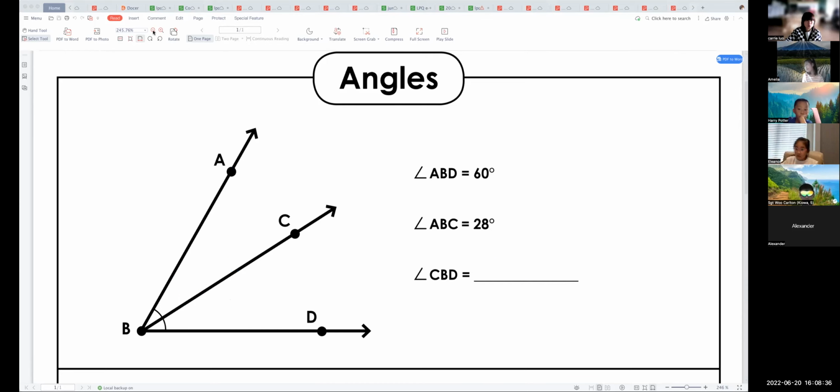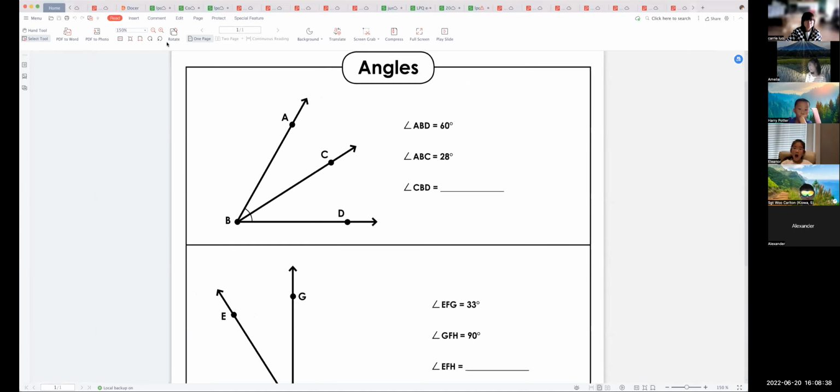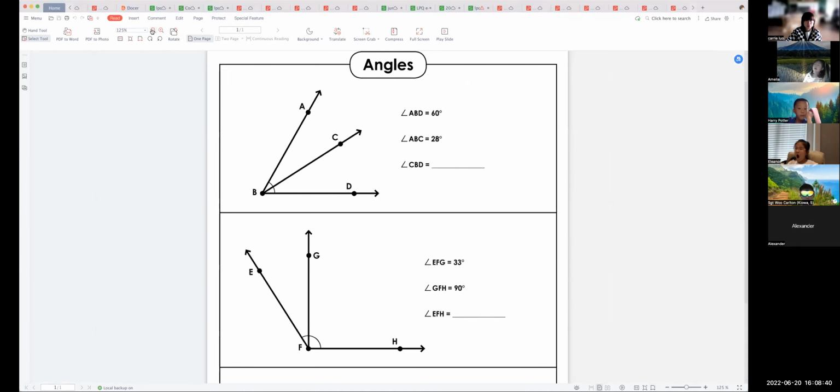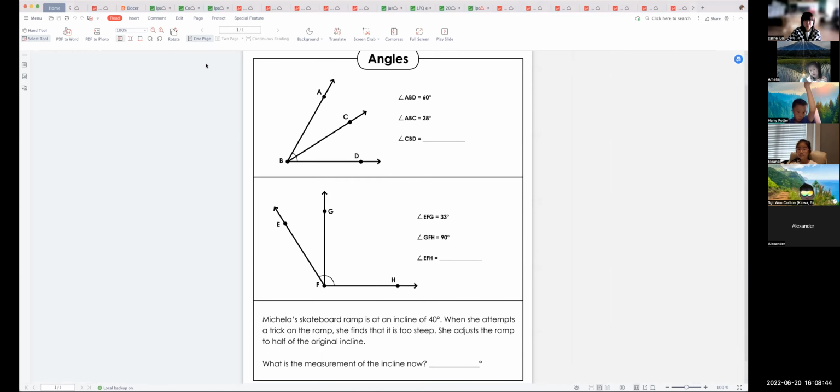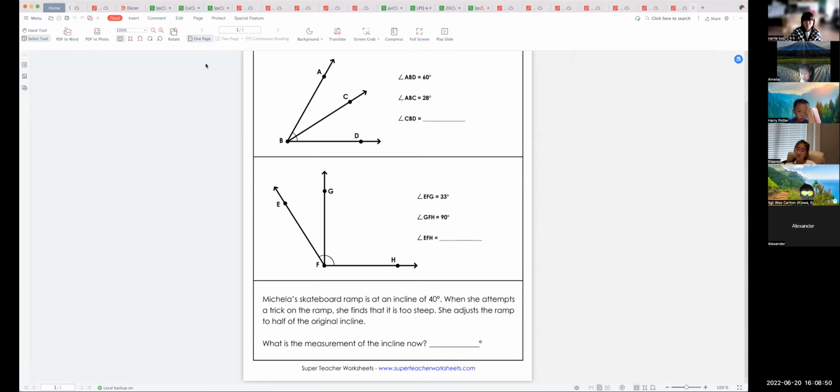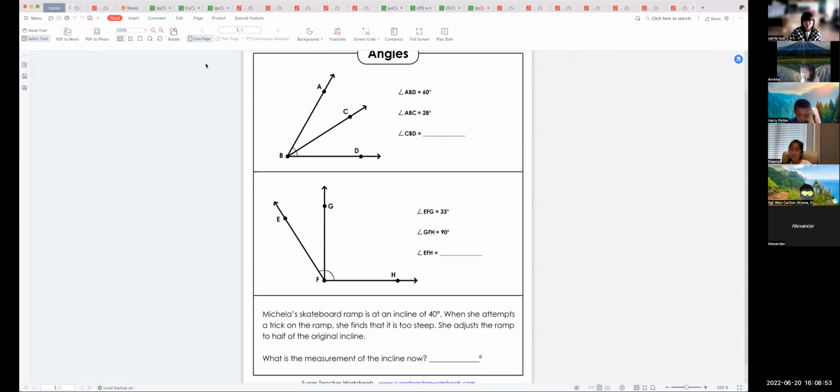So I'm going to just make it smaller, and so you're going to do the first one and the second one. Sorry, you put the equation on yourself. And now I want you to do the last one: Makila's skateboard ramp is at an incline of 40 degrees. When she attempts to trick on a ramp, she finds that it is too steep.